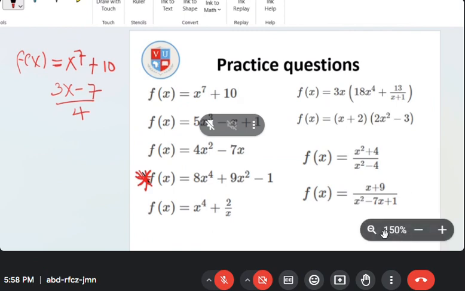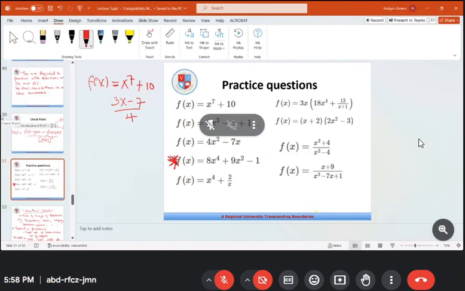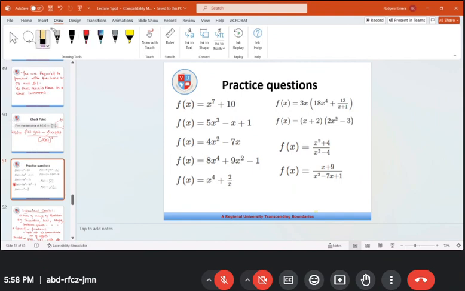If you're just cramming things, that's how you're going to fail mathematics. It is important that you understand the principles, not cram work. Mathematics is not for cramming, it is for understanding.